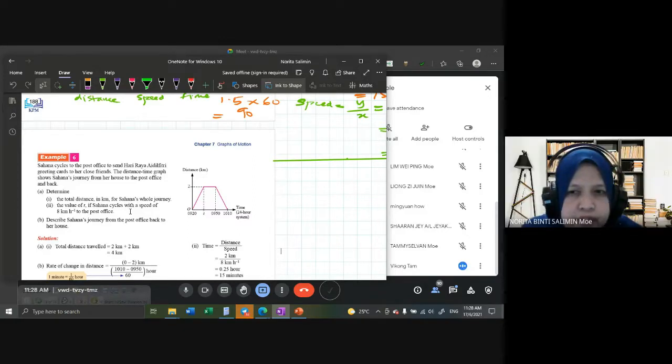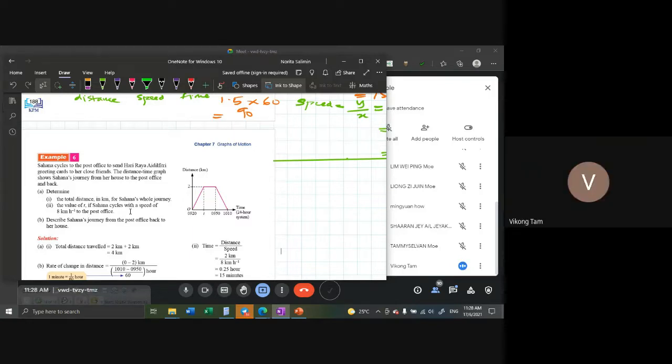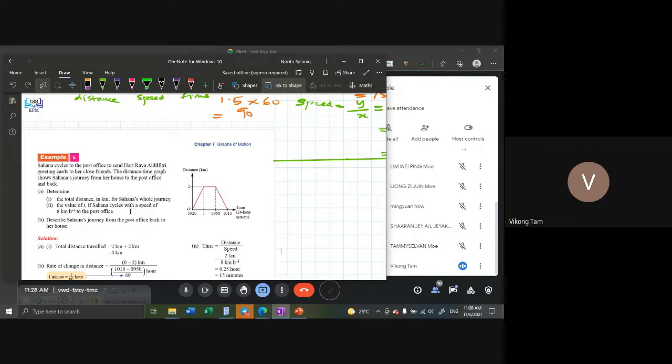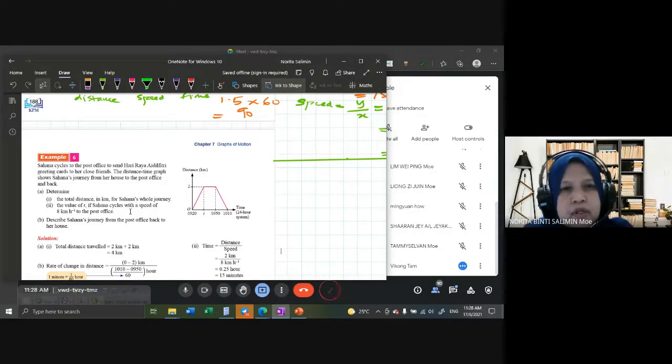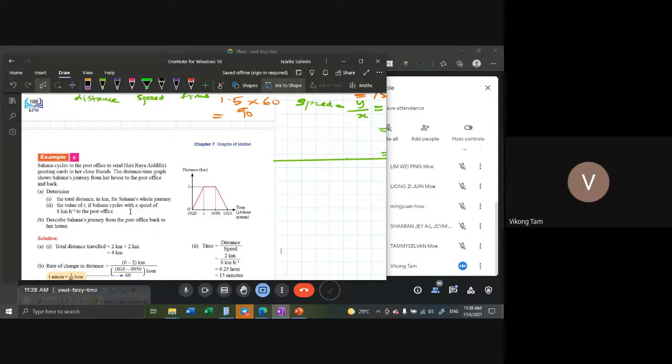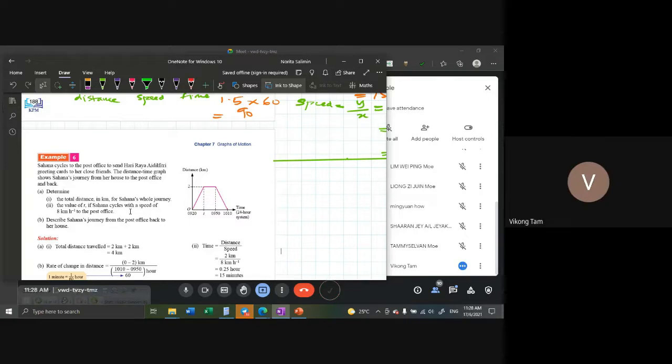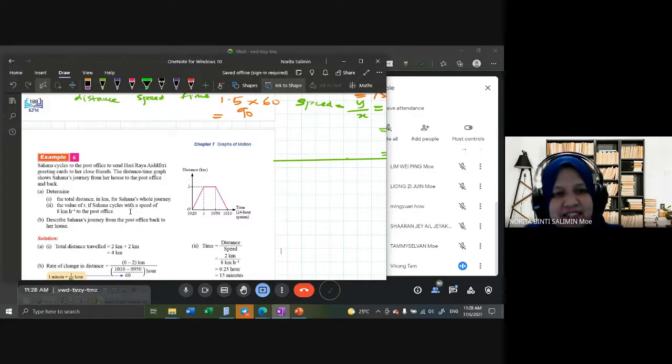Question A: Determine the total distance in km for Sana's whole journey. Sana cycles with a speed of 8 km per hour to the post office.